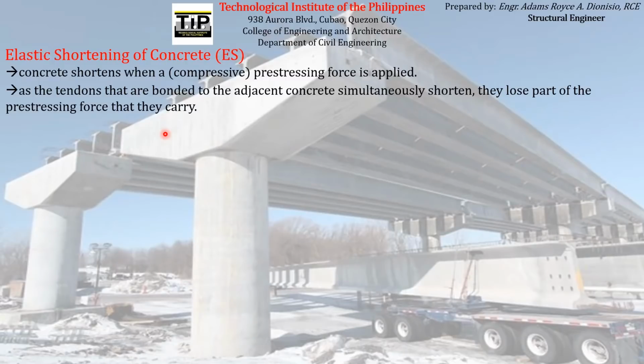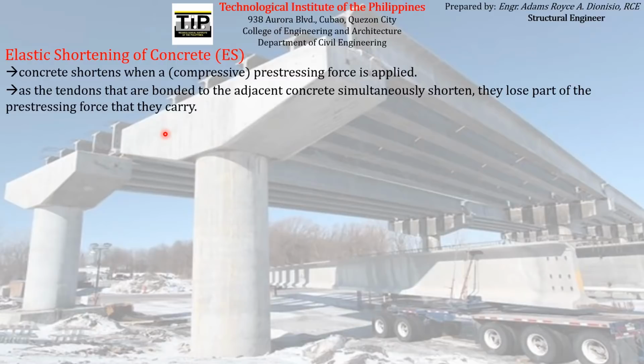When the prestressing force is transferred by the prestressing reinforcement to the concrete element, the tendency is the concrete is being compressed, thereby experiencing what we call shortening.